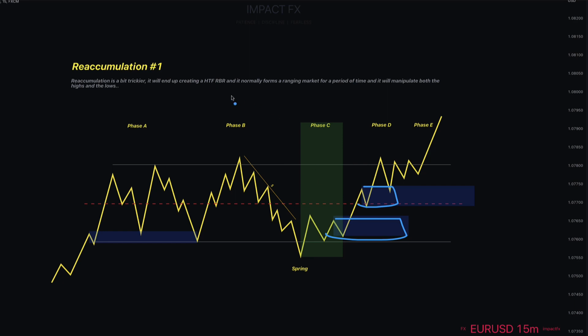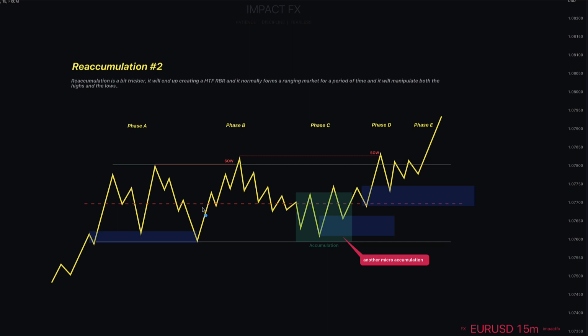And so we can look at the market and target the imbalance maybe to the left as price then is reaccumulating and not actually distributing to the downside. Okay. So this is going to be reaccumulation number 1. It's very obviously similar to your accumulation with your spring. All right. Let's go into accumulation number 2.